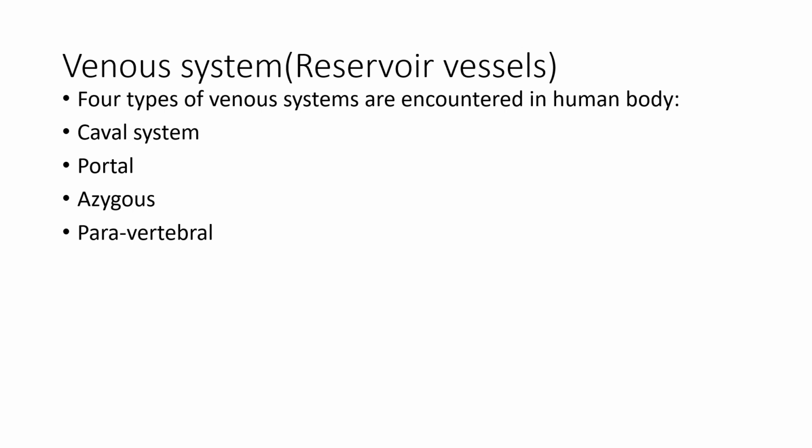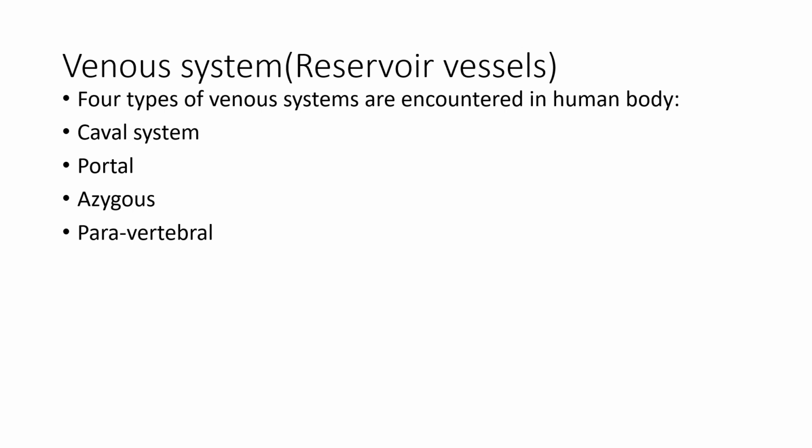Then the third system is azygous system. It is straight in course, and these are paravertebral in position, and they are provided with walls which communicate caval system in front and vertebral venous plexus behind.